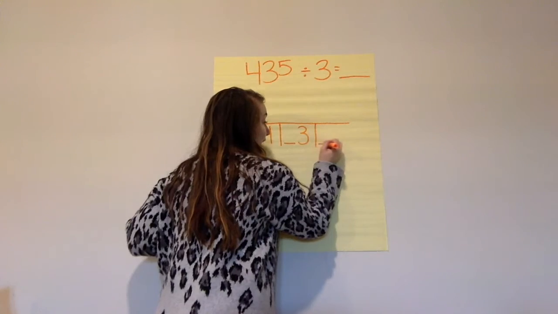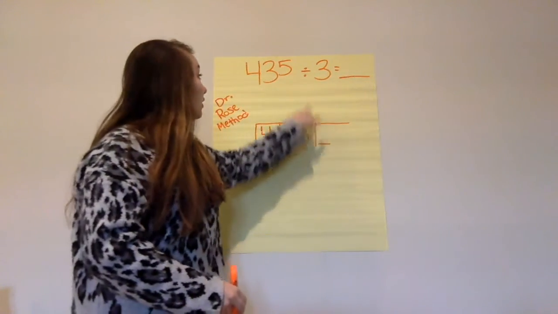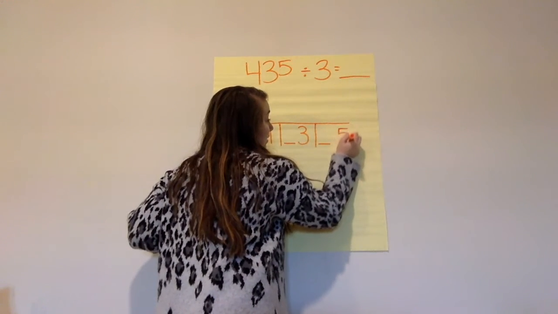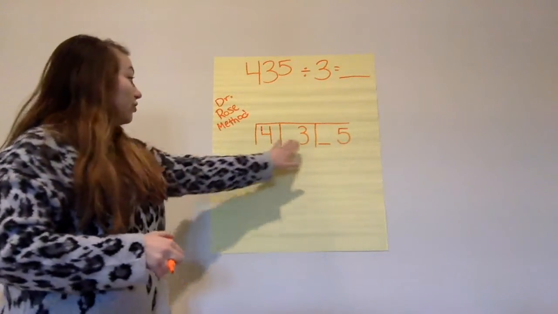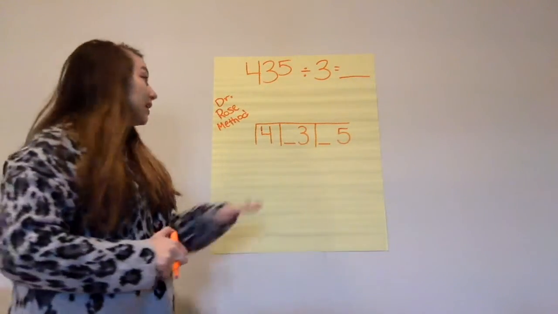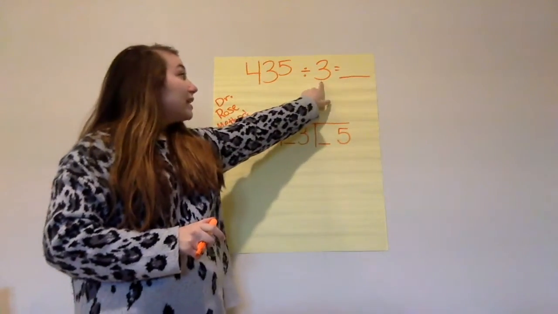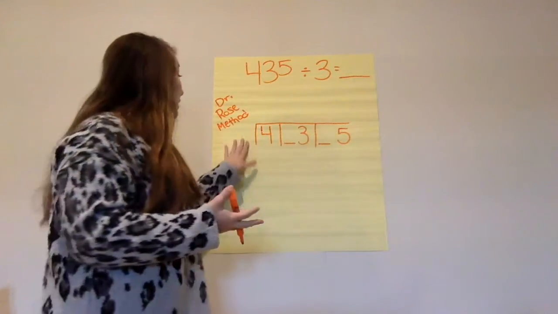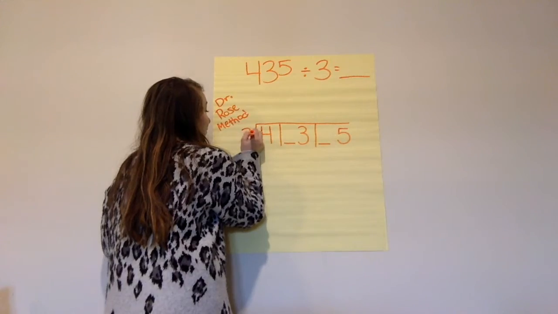We're going to draw a line for any leftover tens we may have. And then we are going to draw our 5 to represent our ones place. All right, so we have 435 represented in our bar, in our house. And then we are going to take the number we're dividing it by, so in this case, 3 days, and we are going to put it on the side here.